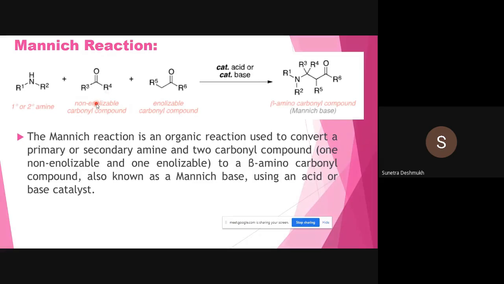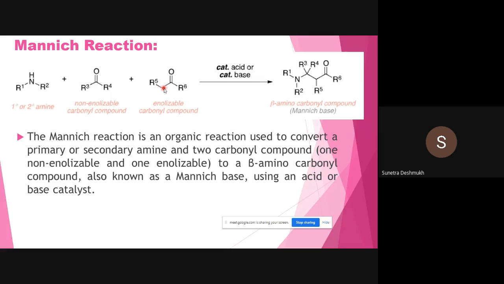Non-enolizable means there is no acidic hydrogen on this ketone carbonyl compound. And the other should be an enolizable carbonyl compound. So two carbonyl compounds we are going to use: one non-enolizable and one enolizable.